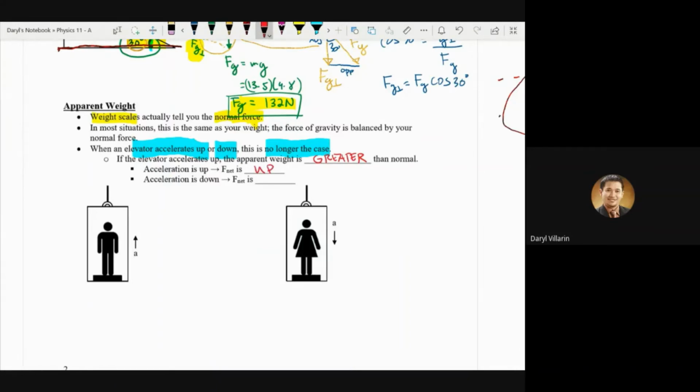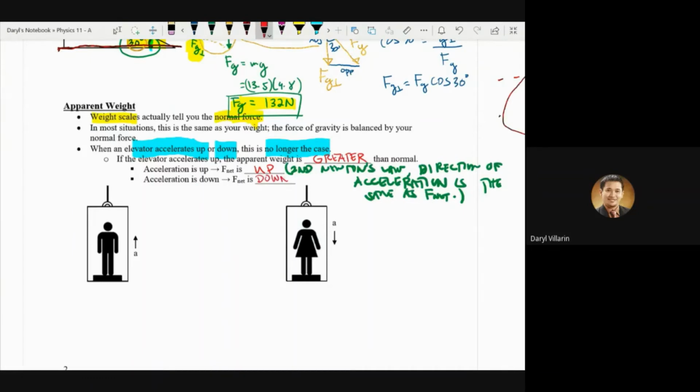So if the acceleration is up, the net force is also up. If the acceleration is down, the net force is also down.